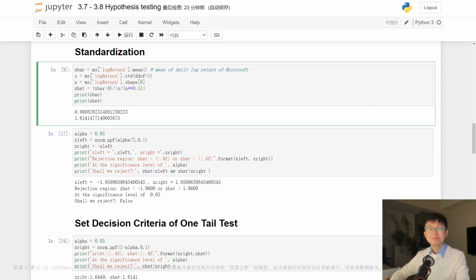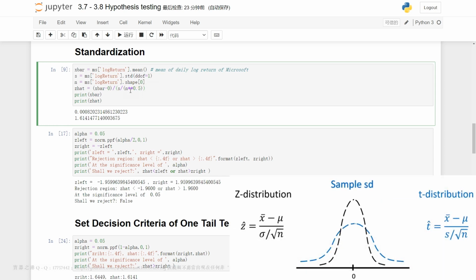However, in most situations, the population standard deviation is unknown. In such cases, we can replace the population standard deviation with the sample standard deviation, resulting in a new term denoted as t hat, which has a new distribution known as the t-distribution.